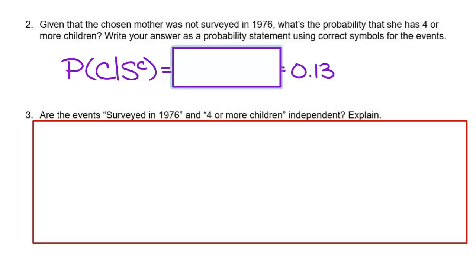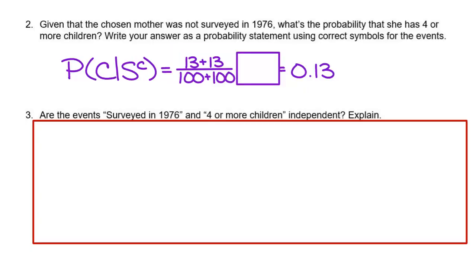We are going to add the 4 plus children from both of those columns. Why can I just add them? Why don't I have to worry about subtracting anything out? Because they're mutually exclusive. Somebody that was interviewed in 1994 is not part of the same group as someone interviewed in 2014. These are no overlapping people. And so then you get 26 out of 200, which is 0.13.